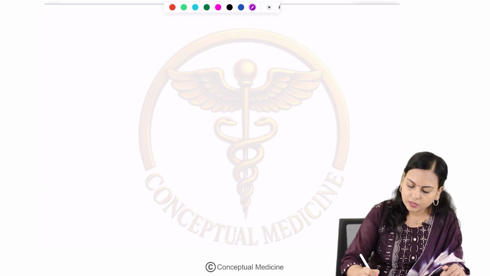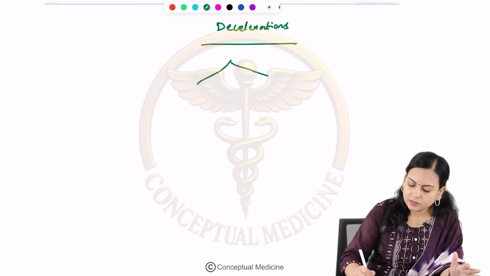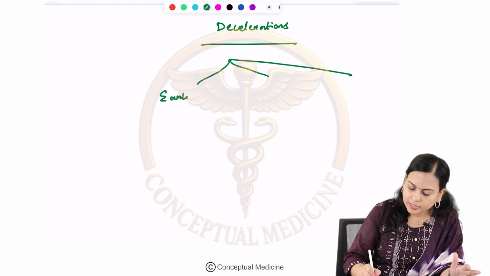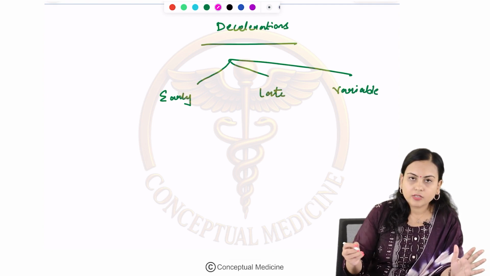Clear? Now in decelerations, you have 3 types: early deceleration, late deceleration and variable deceleration. Now remember the cause alone.